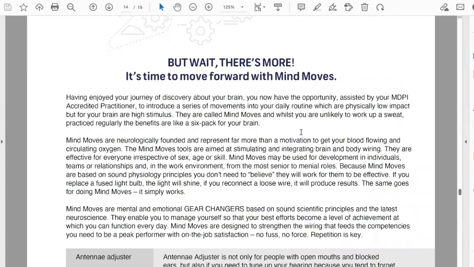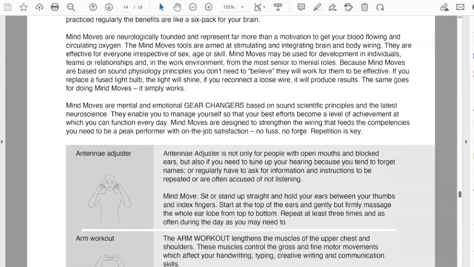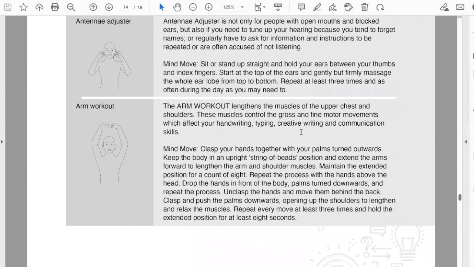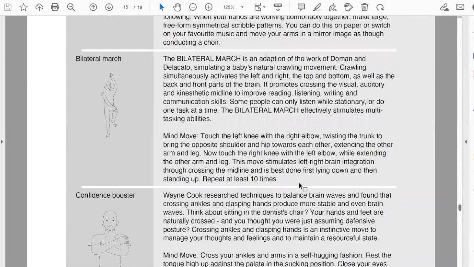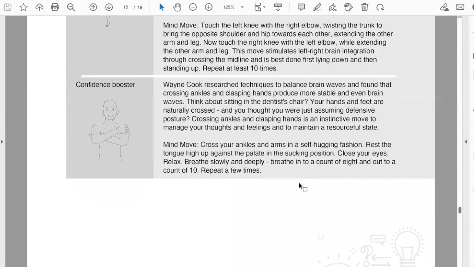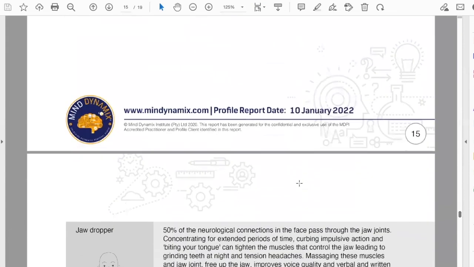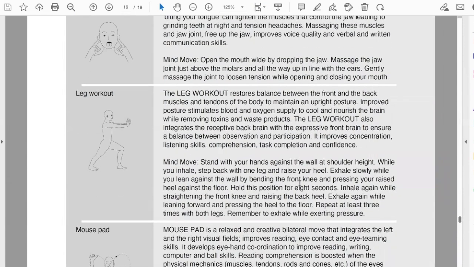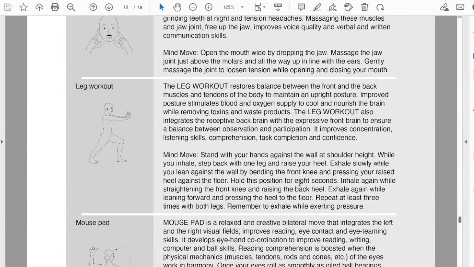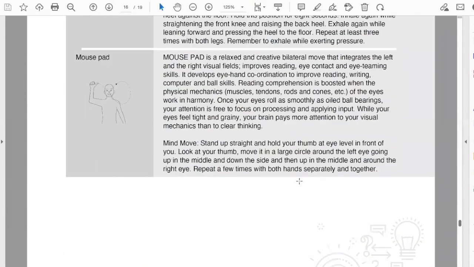So having taken your client through this reflective exercise, having discussed the potential of the development that can take place, what we recommend is that you choose simply 2 or 3 mind moves, which after the debriefing session, when you email them the full report, you can include links, video links to those specific mind moves that we'll be providing to you.